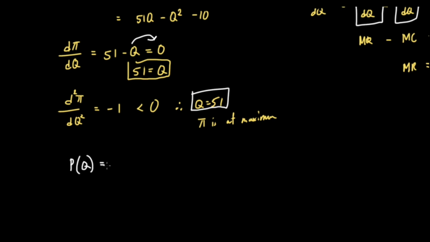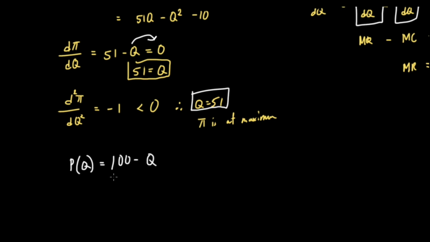Let's say that p of q, or the inverse demand, is equal to 100 minus q, just for an example.